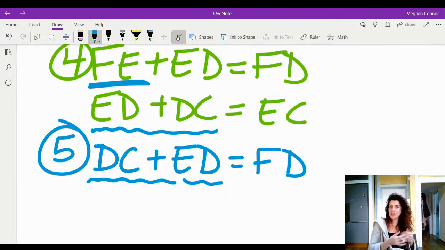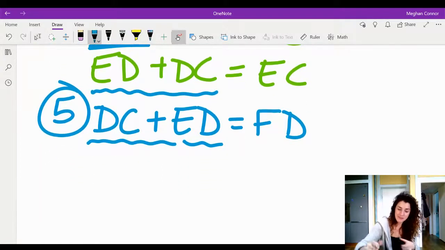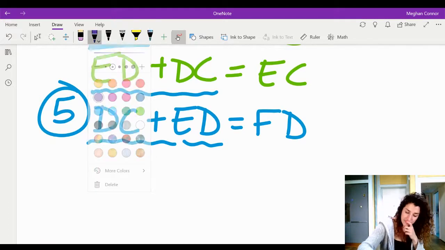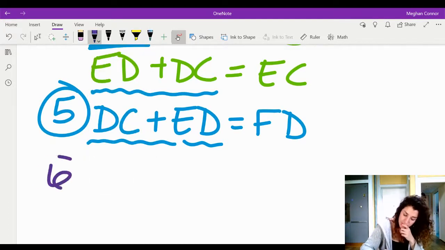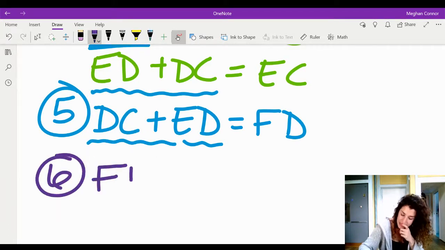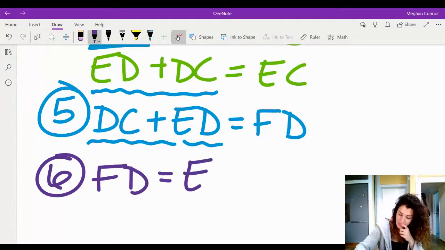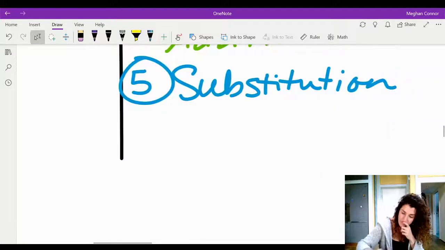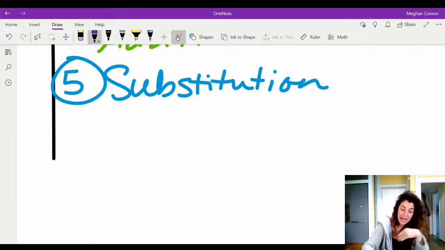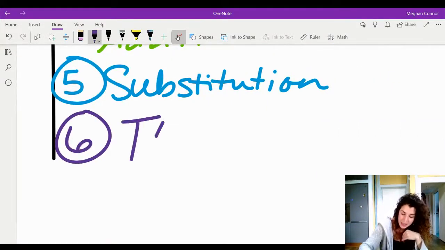They're fine, right? They're the same thing. So now we're going to take out ED plus DC and replace it with FD. Now I can say FD equals EC. Since I'm taking out a whole half of an equation, that would be transitive property of equality.